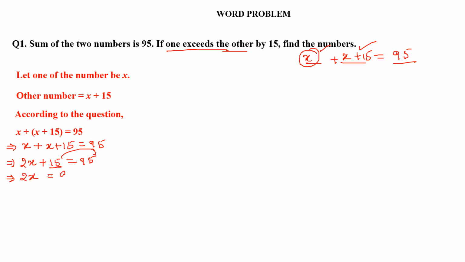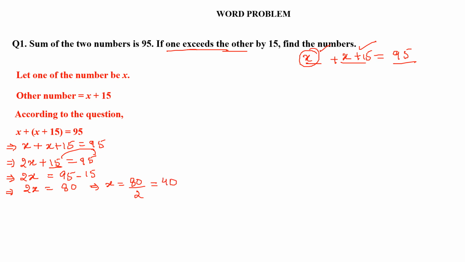So it will become 95 minus 15, since it is plus 15 on the LHS. So from here you will get 2x is equal to 80. If 2x is 80, then the value of x will be 80 divided by 2. You have to transpose 2 to the other side. So the value of x is 40.